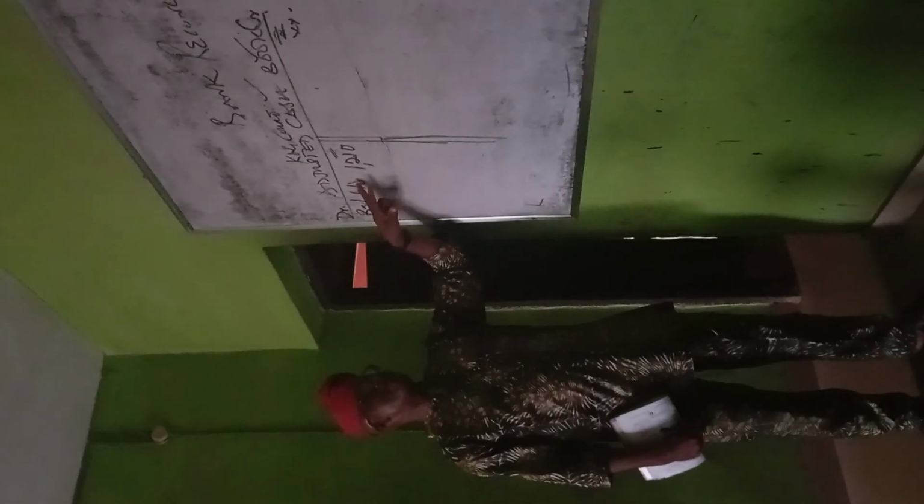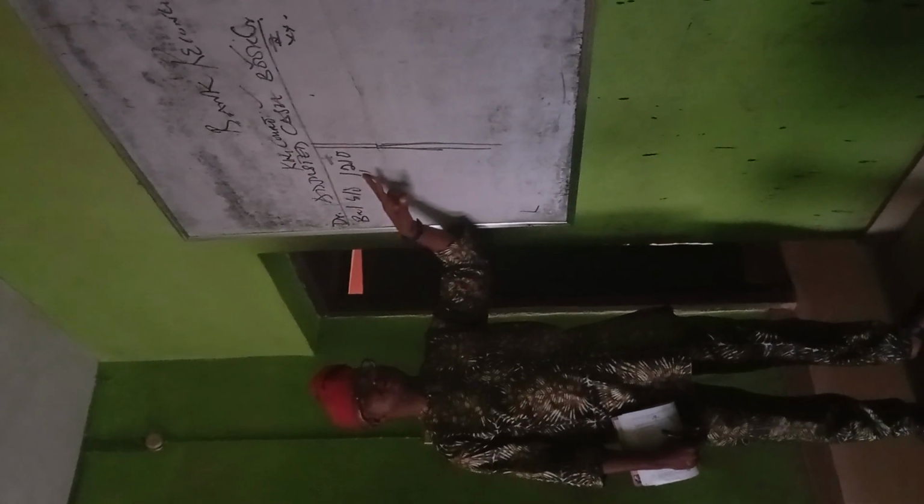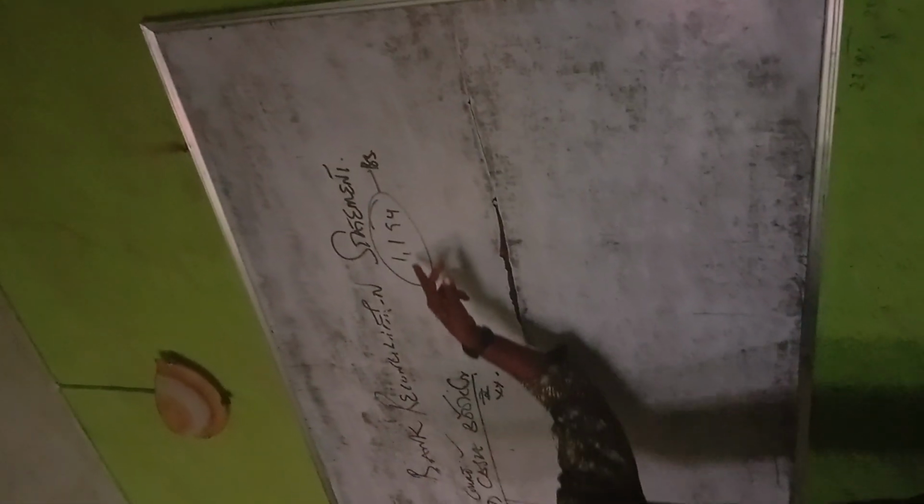Now, you will believe what I said earlier on, that there is need for reconciliation, because the balance in our cash book is showing 1,210 and the balance in the bank statement is showing 1,194. So there is need for reconciliation. Are you with me?